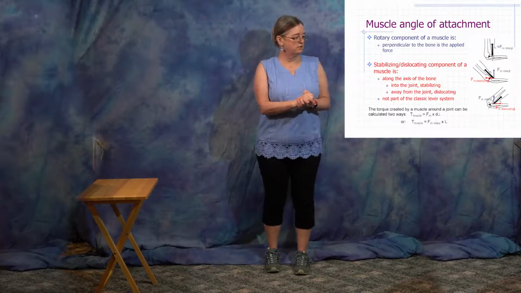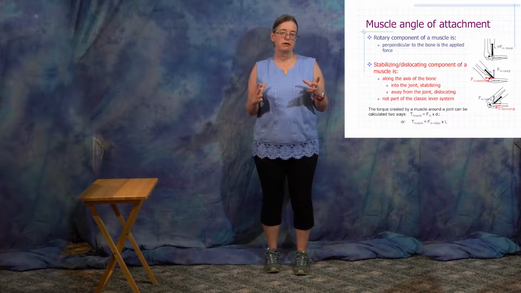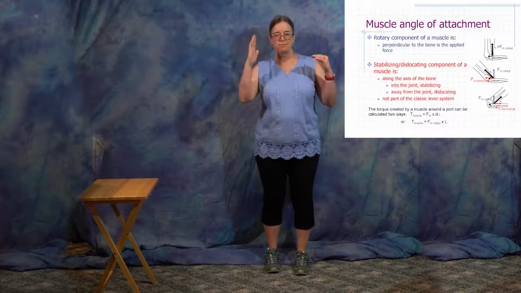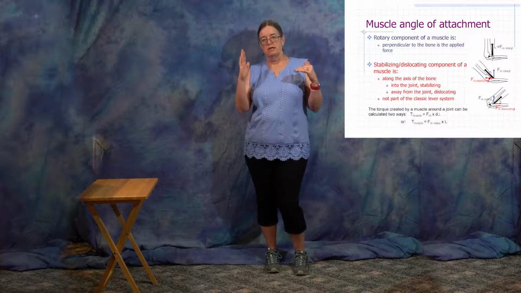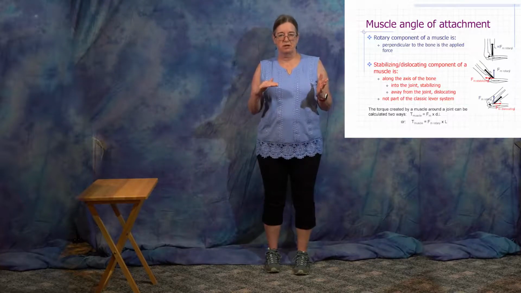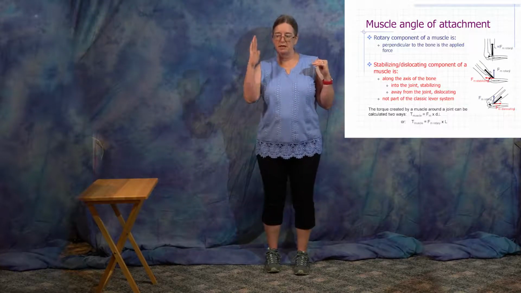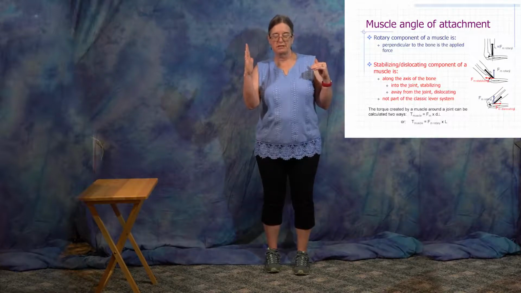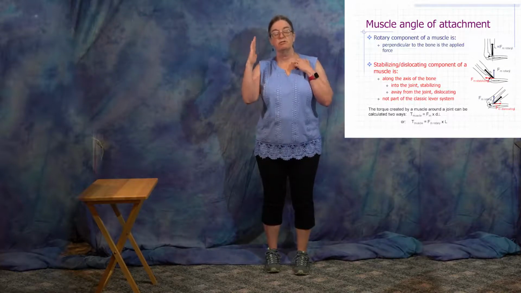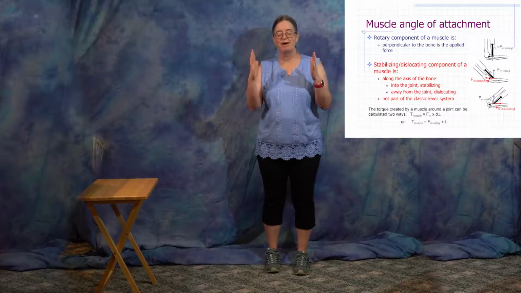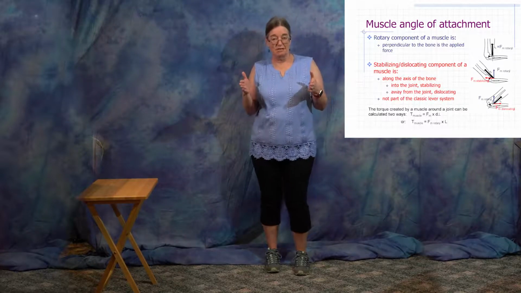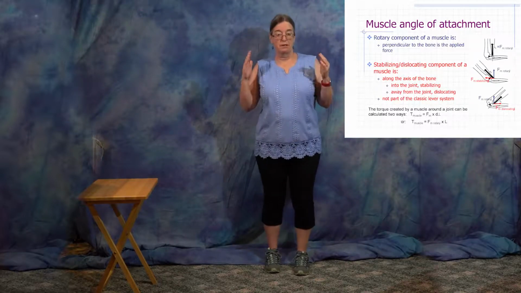So a torque is created by a force times a moment arm. And if you took the rotary component and multiplied it by the distance of attachment, that would be a pure torque.